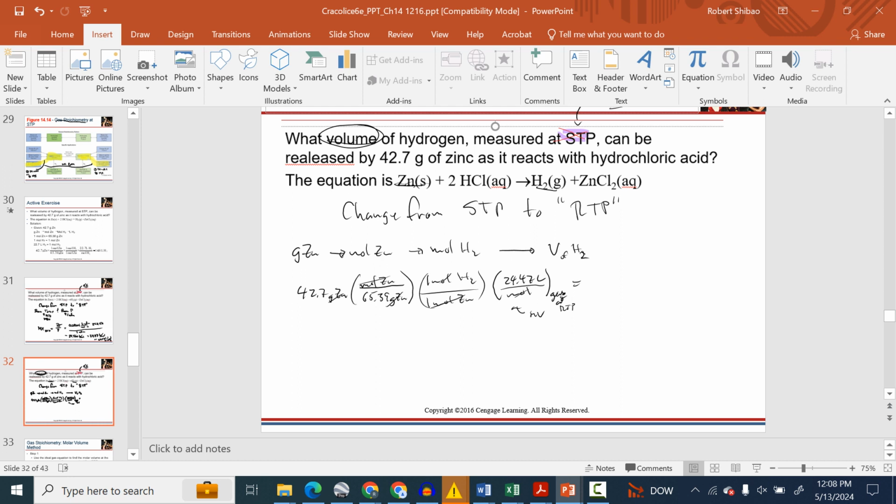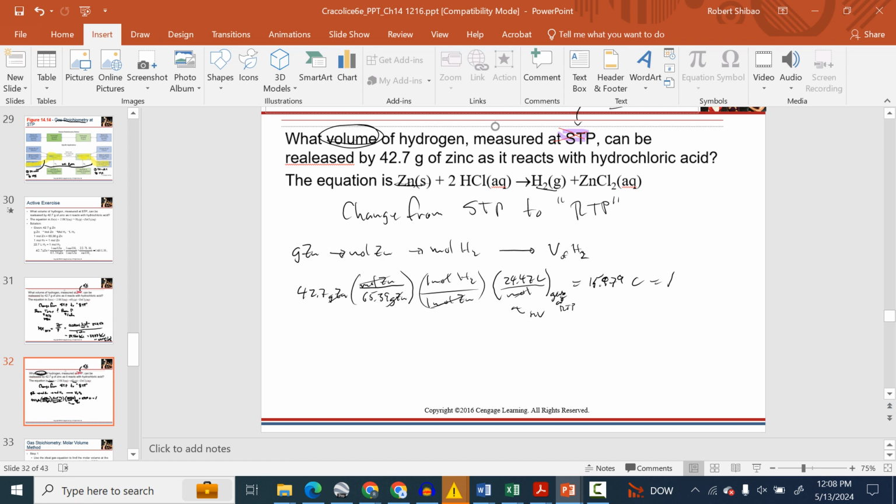So we'll go 42.7 divided by 65.39 times 24.47, which gives 15.979 liters.